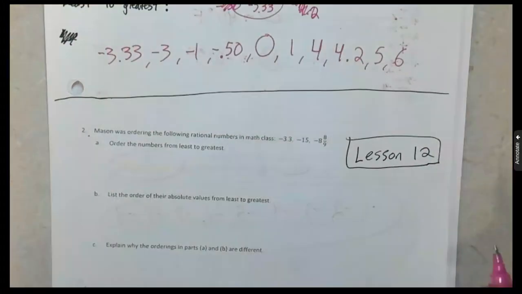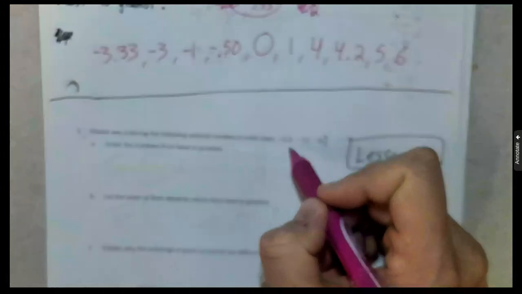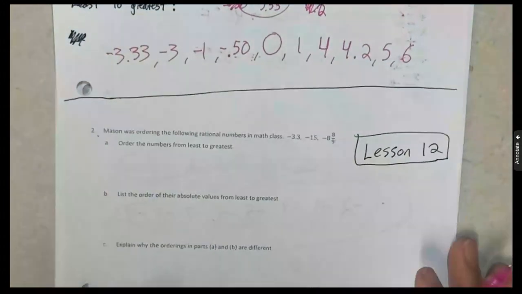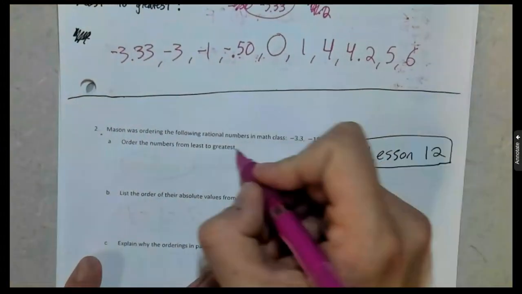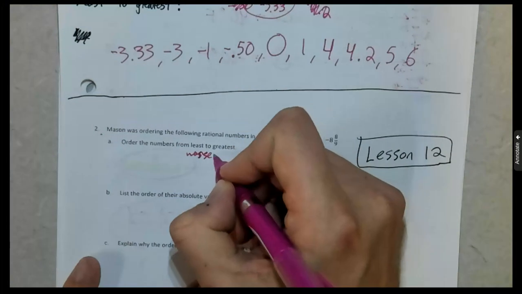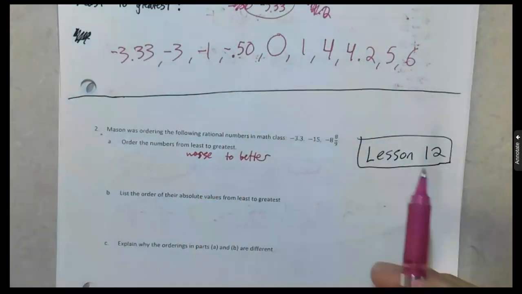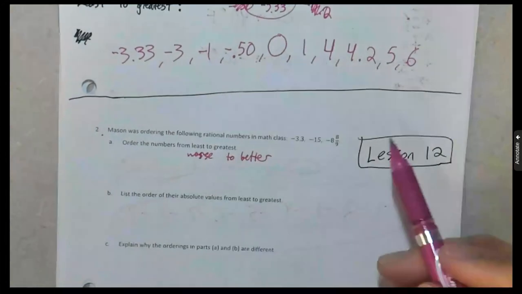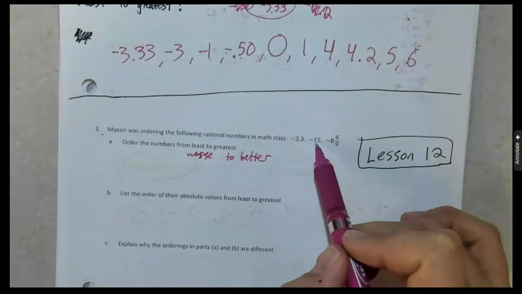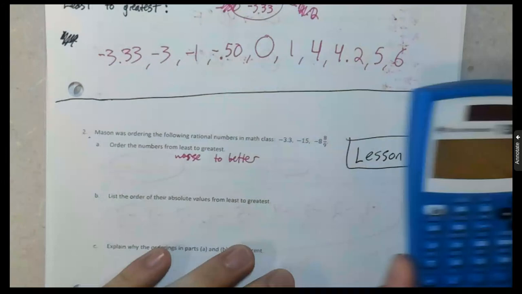Mason was ordering the following rational numbers in math class: negative 3.3, negative 15, and negative 8.89. Order the numbers from least to greatest. I always like to think of it like money, from worst to better. It's negative, you owe someone something. Would you rather owe someone $15, $3.30, or $8.89?